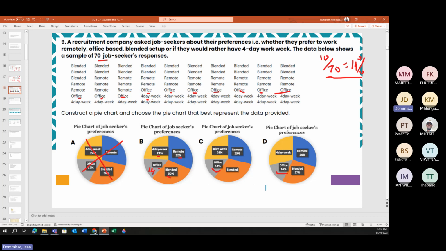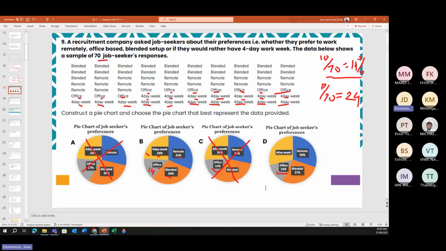So let's see, there's 1, 2, 3, 4, 5, 6, 7, 8, 9, 10, 13, 14, 15, 16, 17. So 17 out of 70 is your 4-day week. That is 24%. So this one can happen, that can't happen.